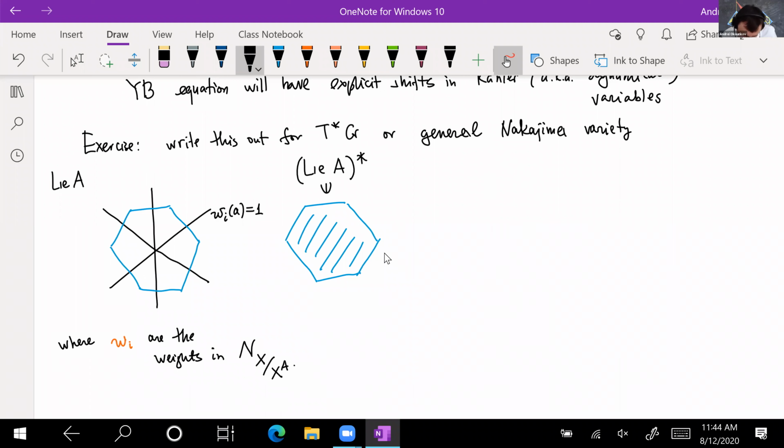And then the dual polytope. Imagine for a second I have just a vector space representation.